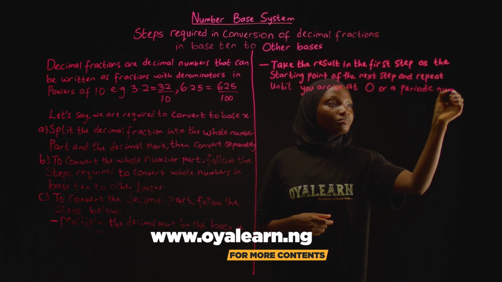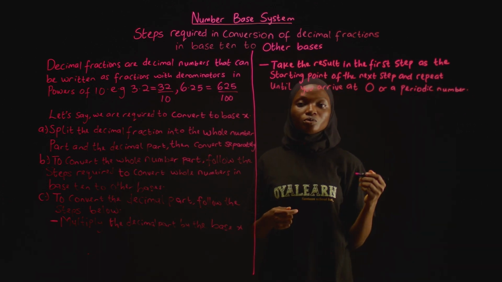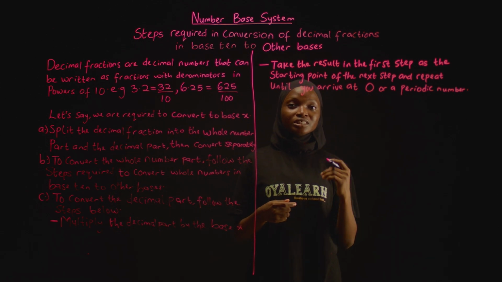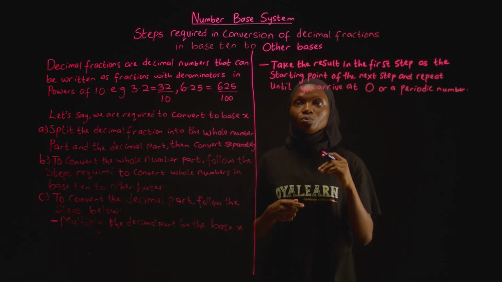The periodic number here means a recurring number. Let's say you get 3 in the first step, you do it again and you're getting 3, so we can stop at that point.